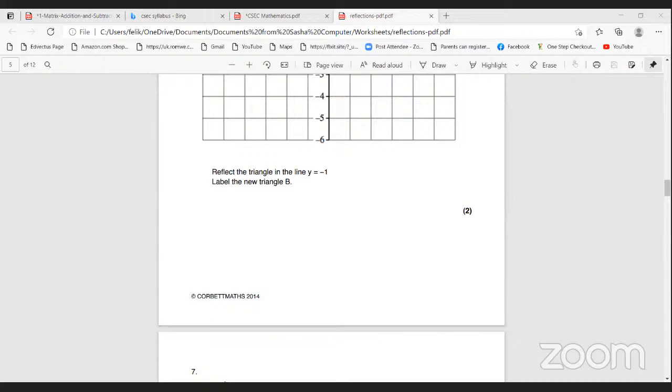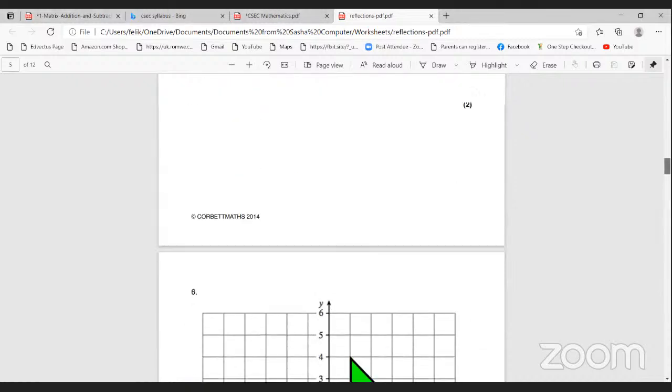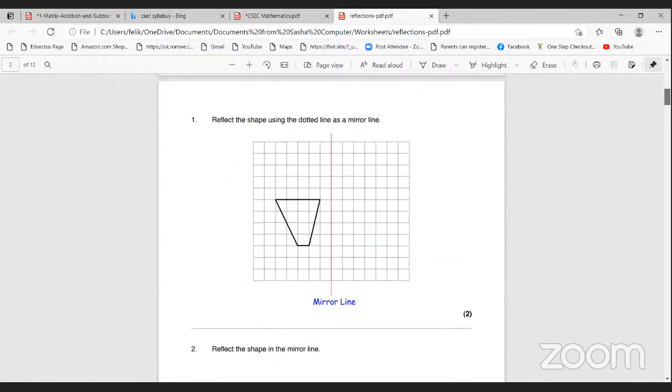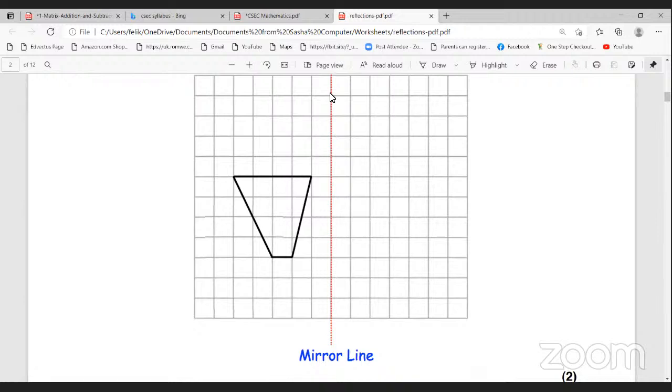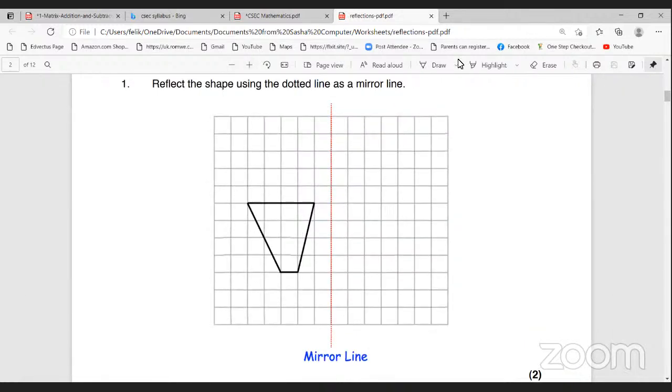All right, so the topic, reflection, go ahead and write that down for me. All right, so I'm going to give you permission to annotate.